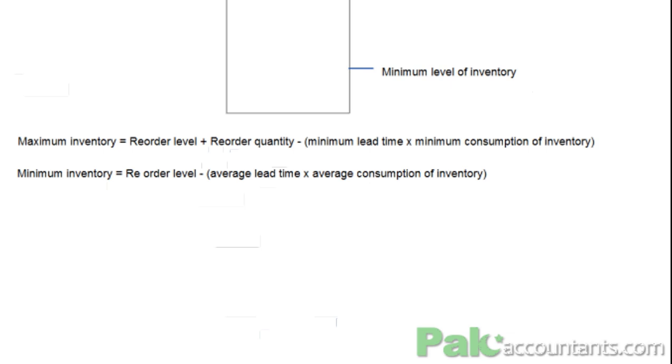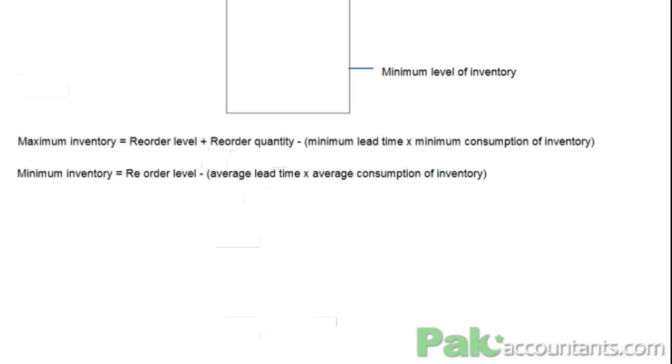Now, if your order is taking more than the usual time, that means the lead time has extended beyond the average, or your consumption has increased more than usual, then you will be consuming more units in the meantime.